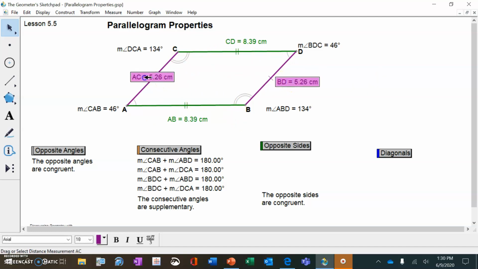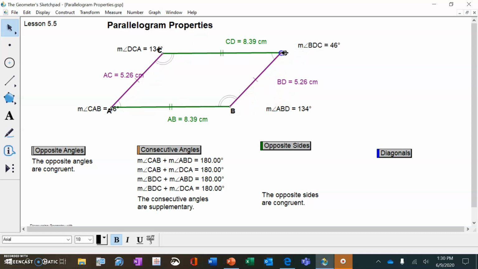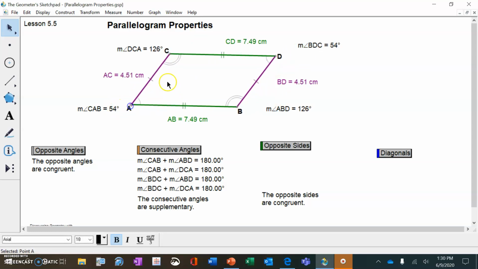Opposite sides would be BD and AC, both 5.26. If I would change the shape of this a little bit, you can still see that the opposite sides are equal here and the opposite sides are equal there. So conjecture number 43, opposite sides of a parallelogram are equal or congruent.